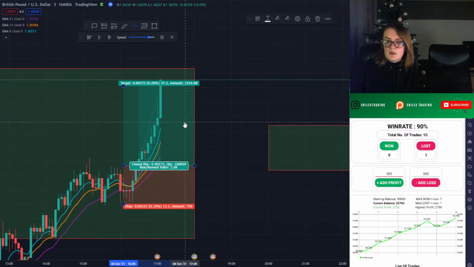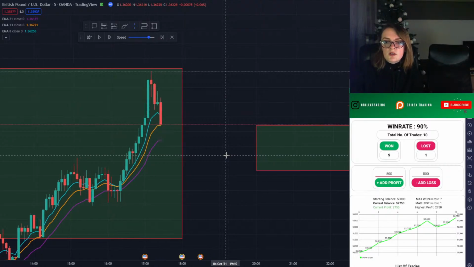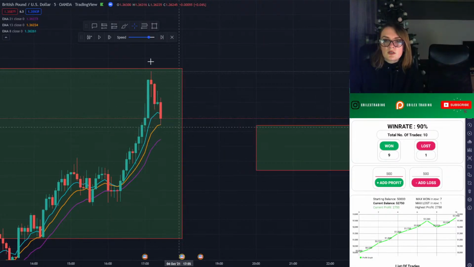Okay. Let's see if we get any other entries here. So we've got a new retest in this zone, so we may place a buy order here.